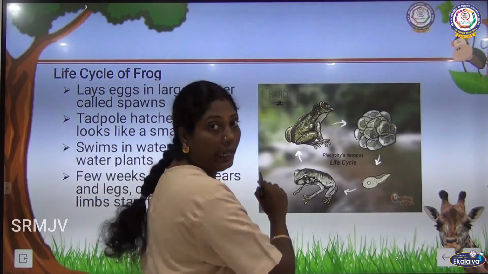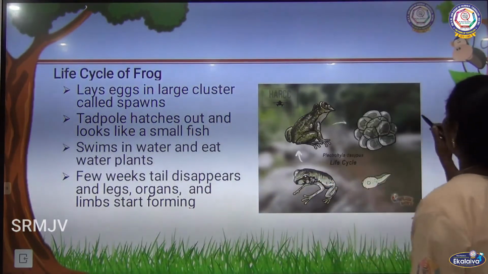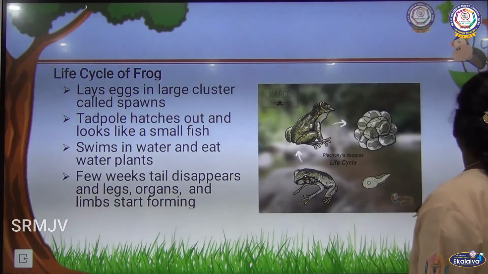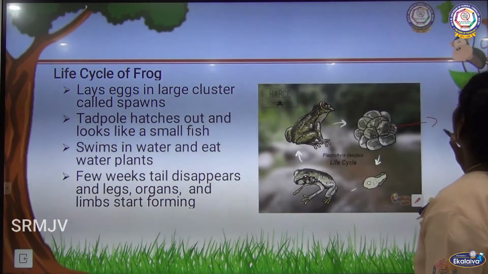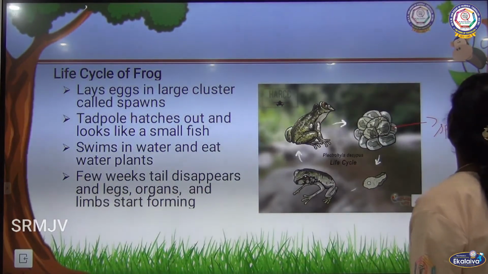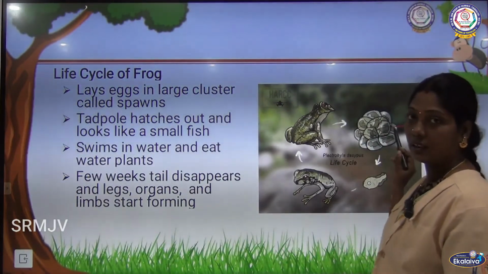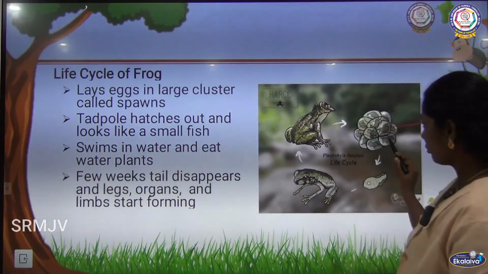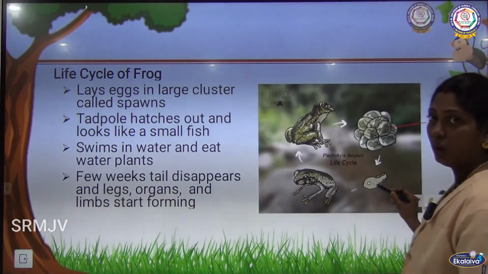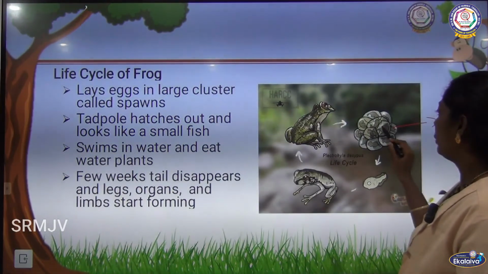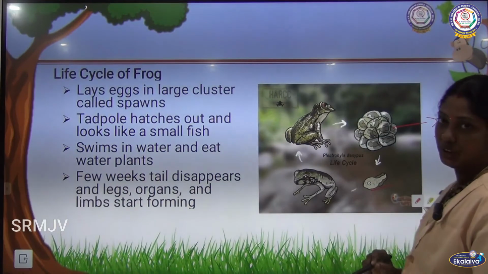This is the life cycle of a frog. The frog lays eggs in a large cluster called spawn. Then from the spawn the tadpole hatches out and looks like a small fish.